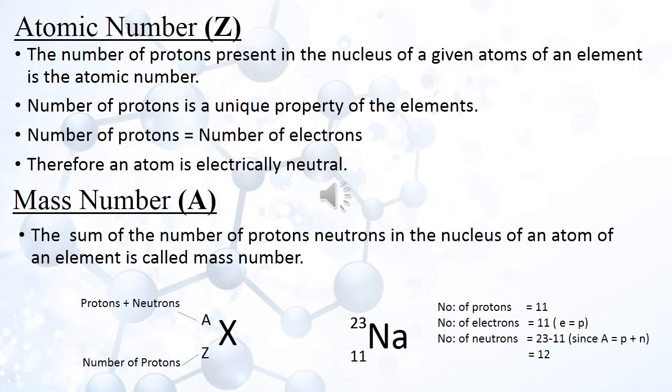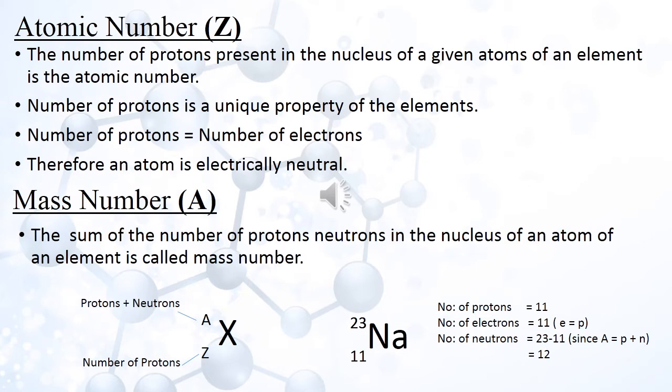Number of neutrons: you can find the number of neutrons. Mass number is the sum of protons and neutrons. And you already know the number of protons is 11. So the mass number is 23. Then you will get the number of neutrons when you subtract 11 from 23.